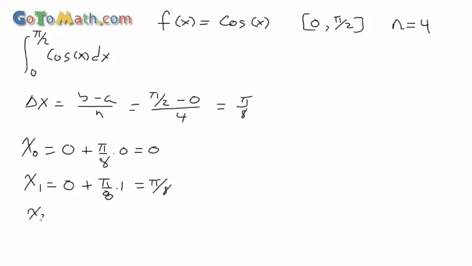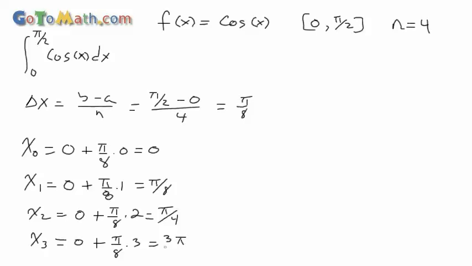Then x2 is 0 plus pi eighths times 2, so we can reduce that down to pi fourths. x3 is 0 plus pi eighths times 3, which is 3 pi eighths.